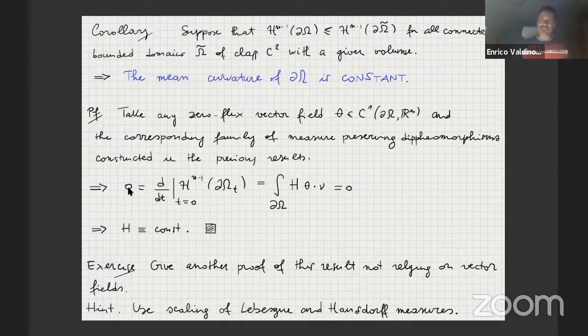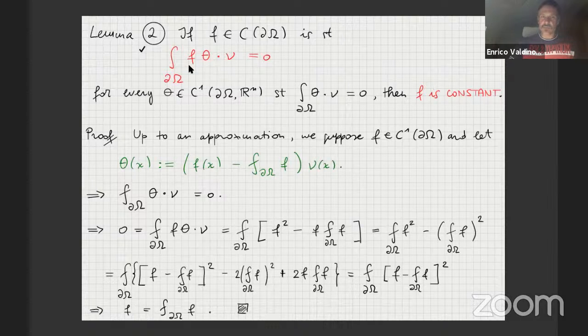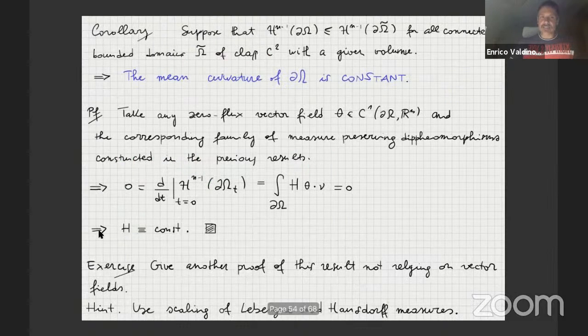I repeated it twice just because I wanted to stress that this quantity is equal to 0, and it's equal to 0 for every zero flux vector field. So I can use the last lemma, this lemma 2, to say that H is necessarily constant. Okay, so this proves the corollary.